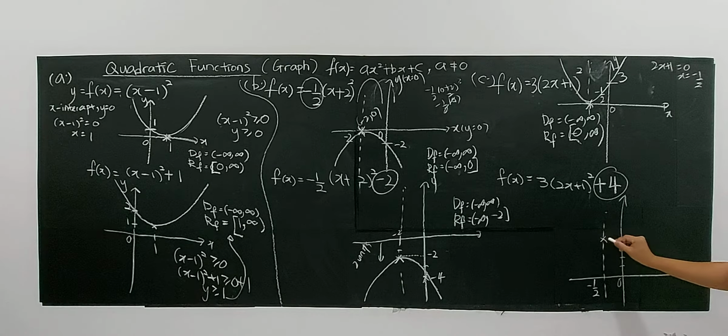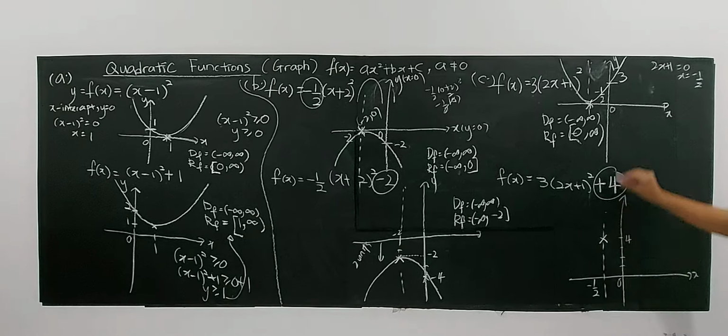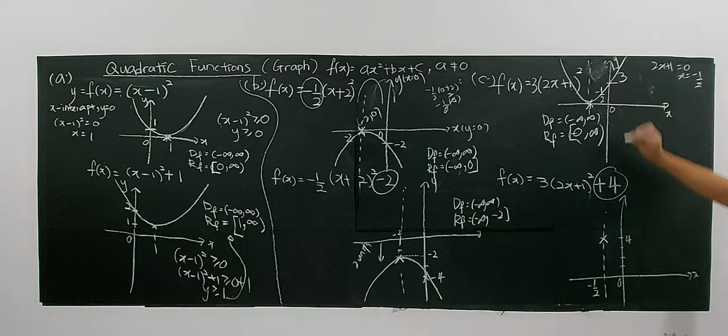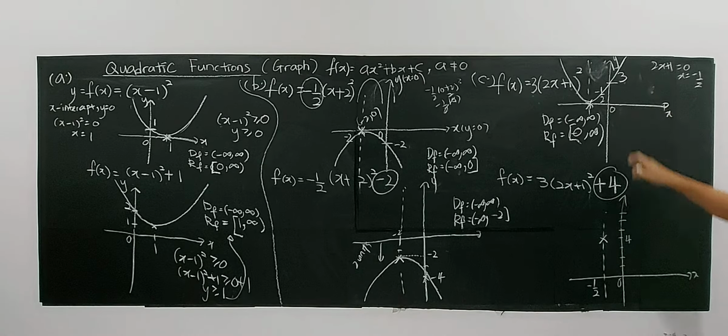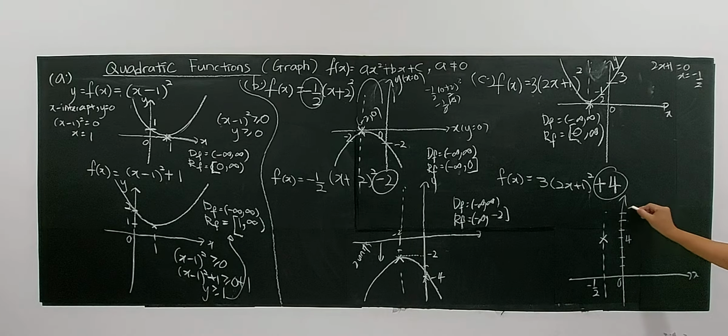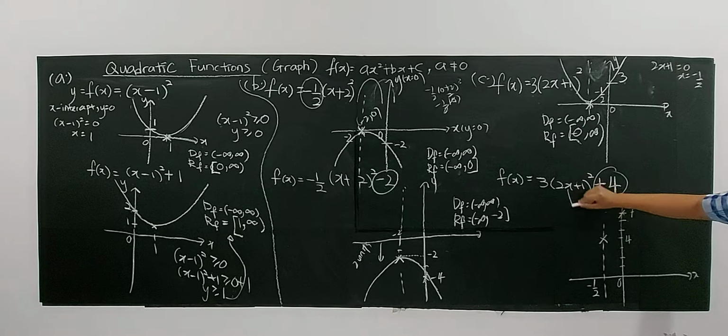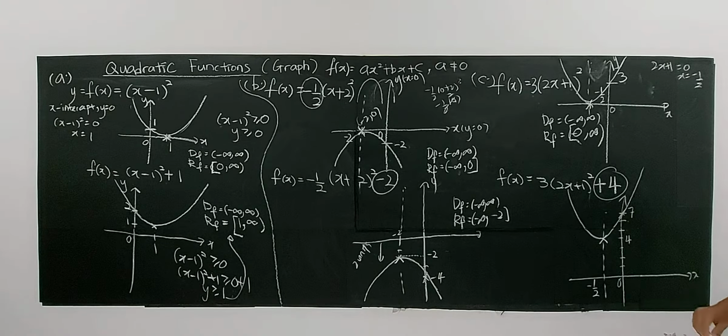This point moves up 4 units, and the y-intercept also moves up 4 units: 3 plus 4 gives 7. So the graph will be this way, going up by 4 units.